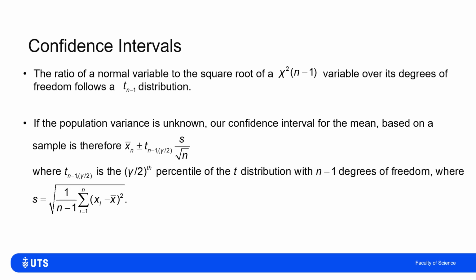So what this does mean is if I know the population variance, then I've got this z percentile in there. And if I don't, then I've got to replace it with a t percentile.